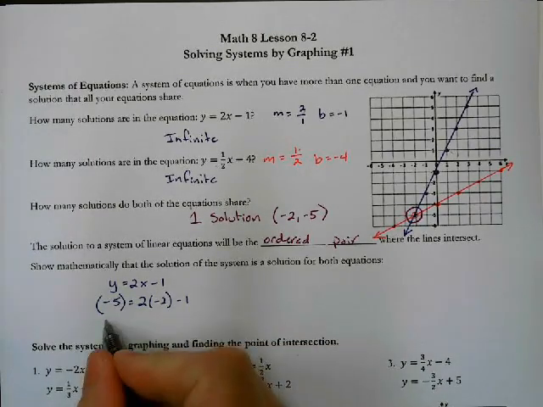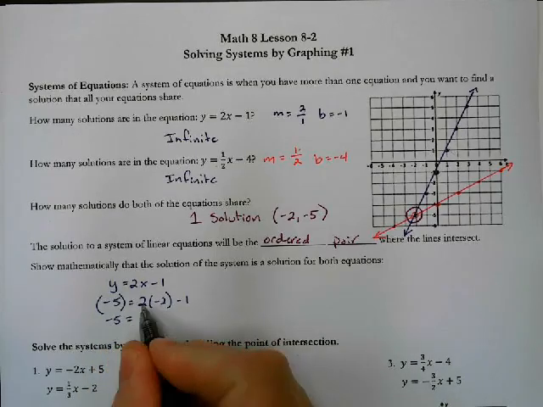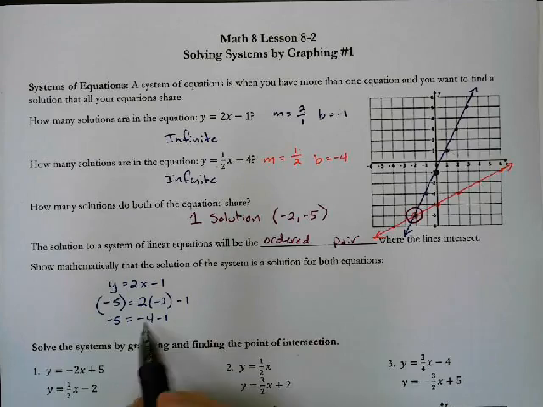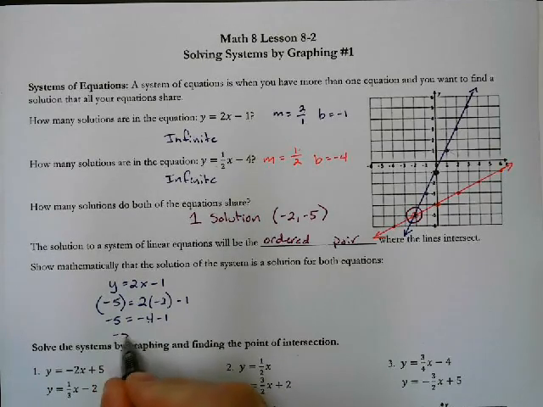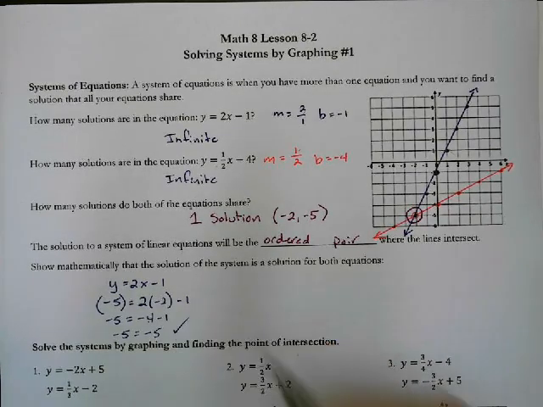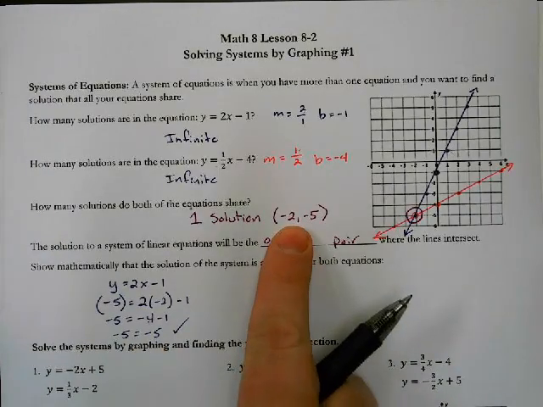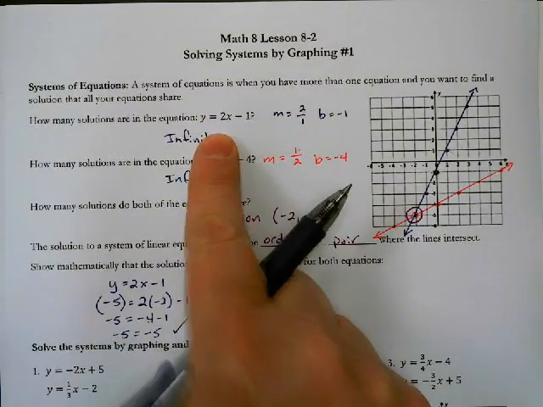So I get -5 equals 2 times -2 is -4. And then -4 minus 1 is -5. All right, so -5 equals -5. Yeah, that makes sense. So that means it is a solution. So we've proven that our answer was a solution for the first equation.